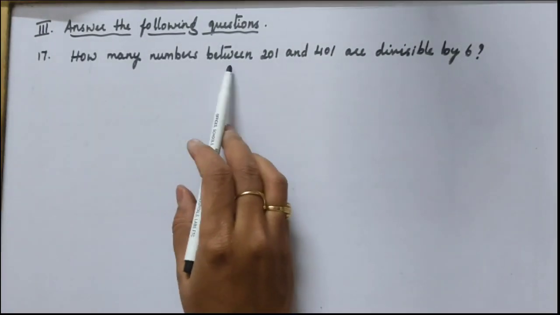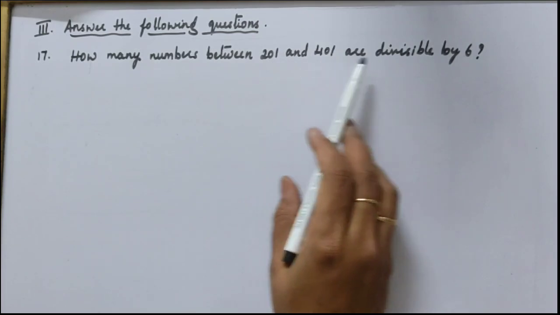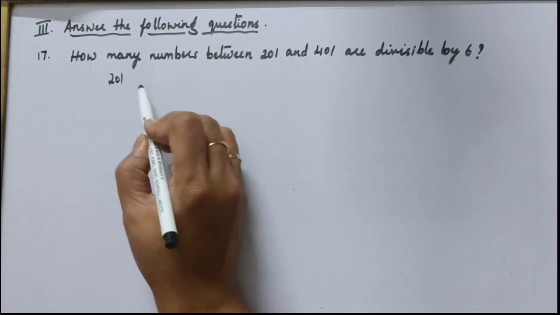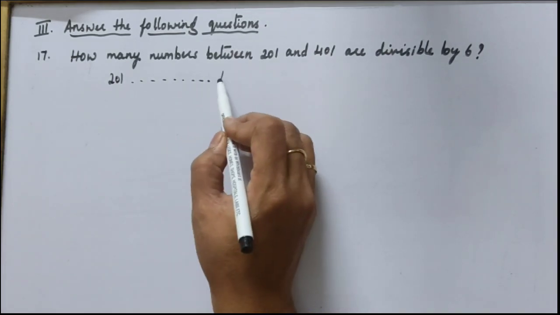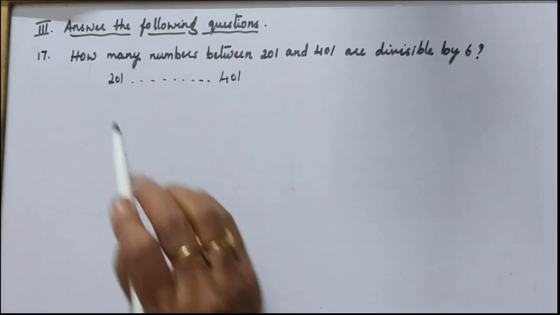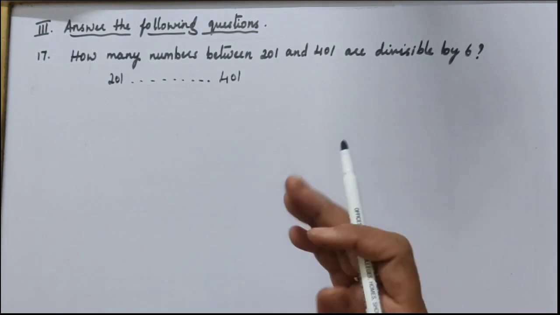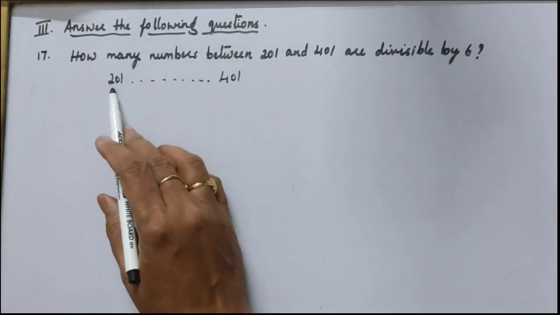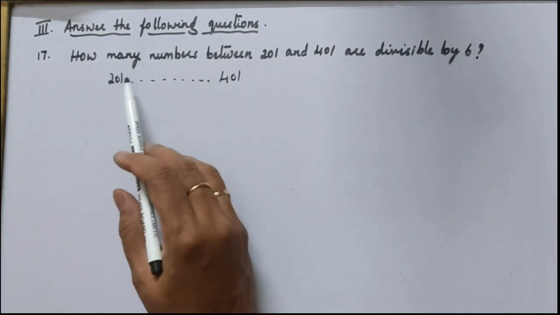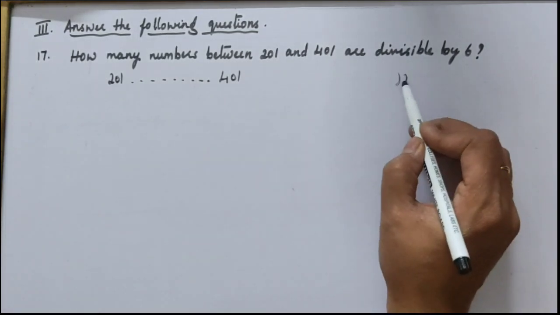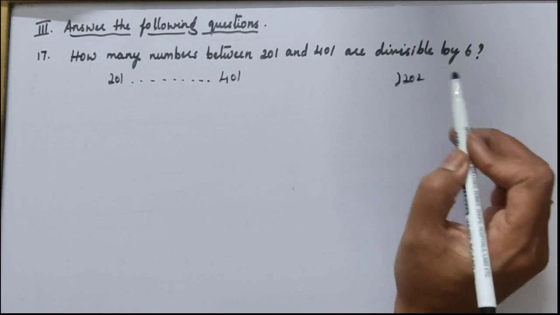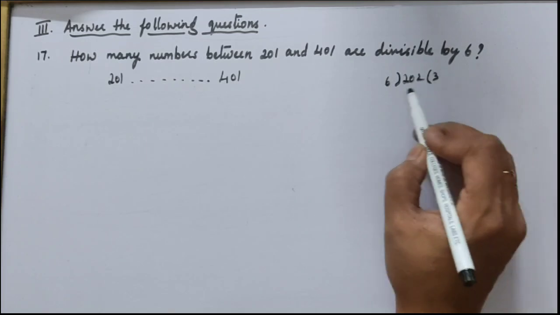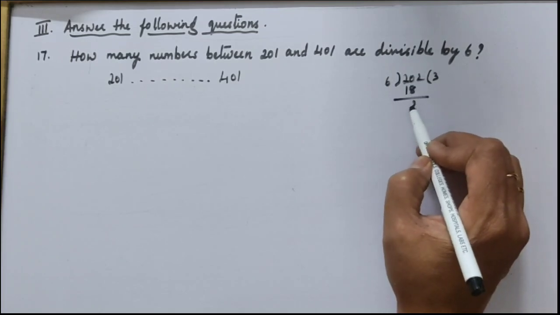How many numbers between 201 and 401 are divisible by 6? So the numbers from 201 till 401, we need to identify, and we have to know how many numbers there are which are divisible by 6. Now how are we going to check this? We'll take the next number, that is 202. Let us check whether it is divisible or not. 6 3s are 18, we got 2.